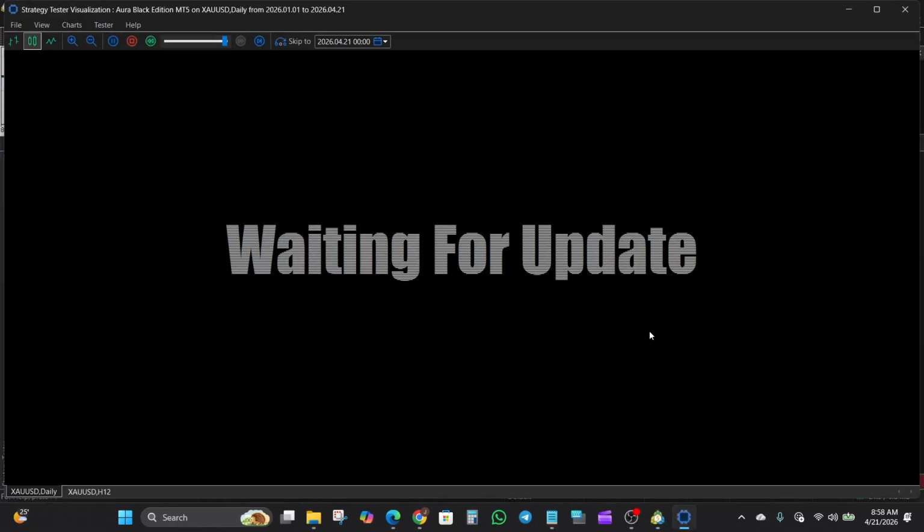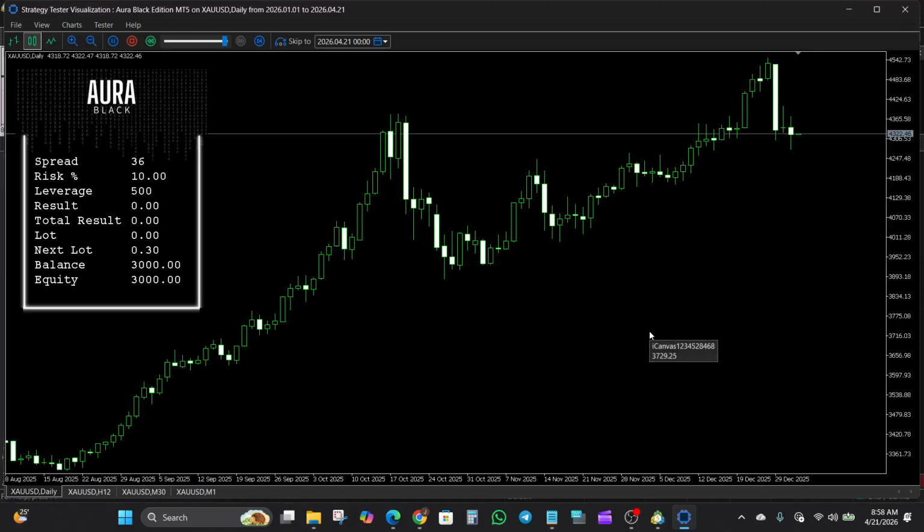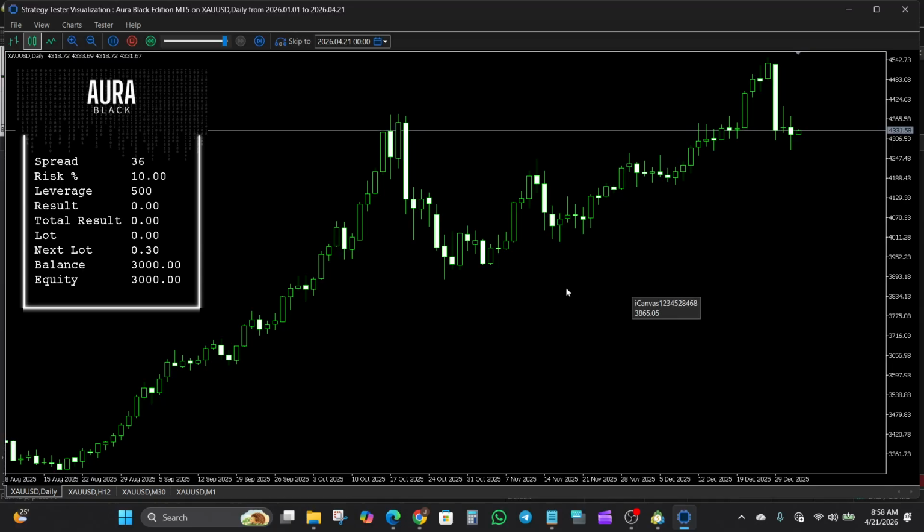Now, as trades come in, this is where we really break down how the EA operates. All right. So remember that it's based on the daily time frame, so we might not see as much activity compared to the scalping strategies.